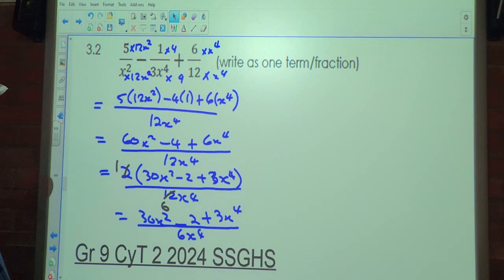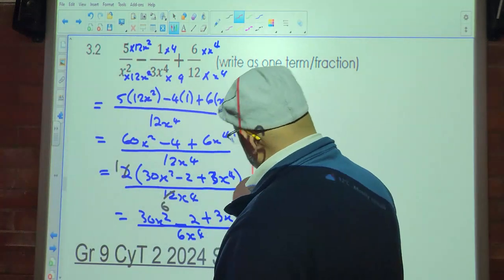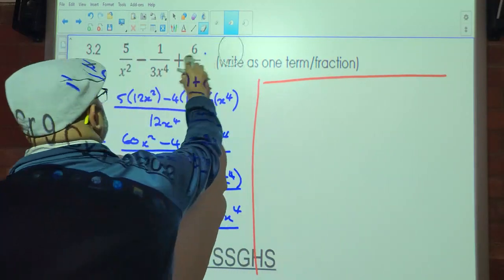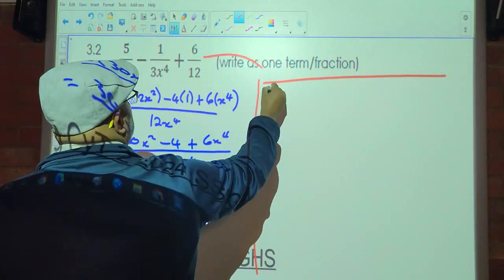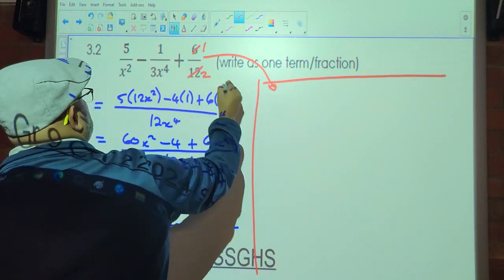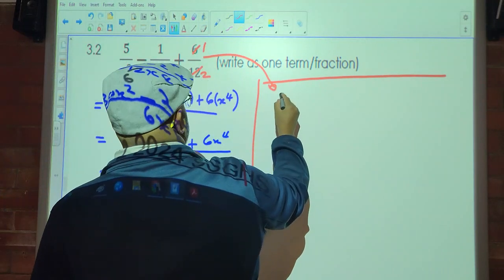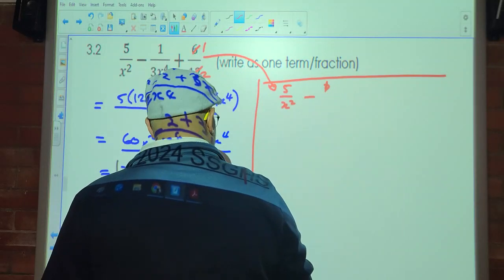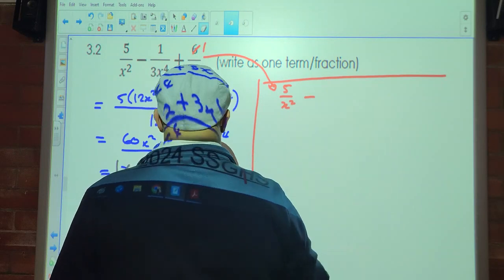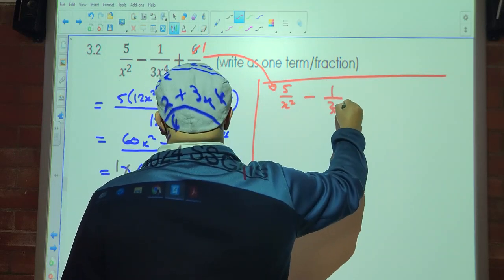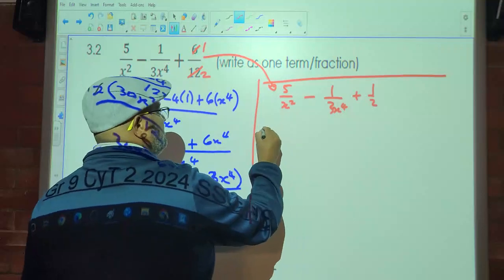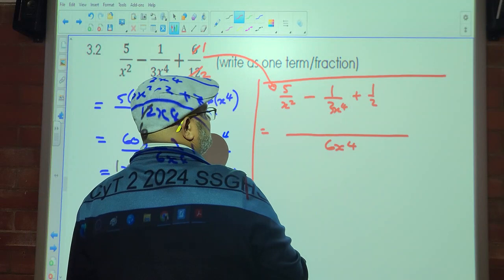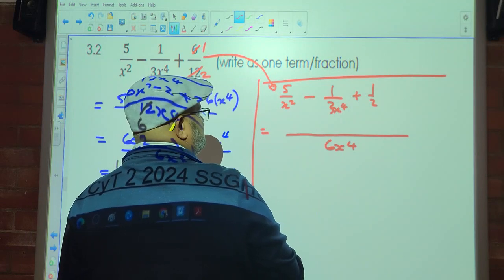There was actually an easier way of doing the same thing. You could have simplified this first. The 3 times 6, 12 twice. So it's going to be 5 over x squared minus 1 over 3x⁴ plus half. What's the LCM now? 6x⁴. So that must be multiplied by 6x squared.